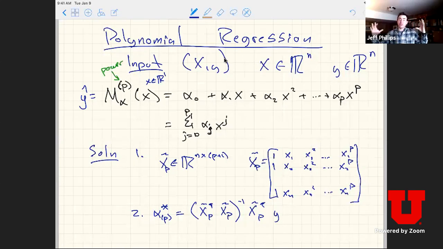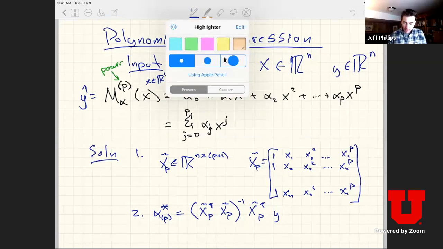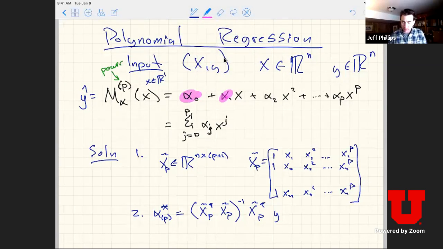I just have to do this expansion first into this matrix, so I add more columns, and this allows me to then build this polynomial model, which is again just these coefficients here, but now they're coefficients of these polynomial powers of the input data. Okay, and after I expand this matrix, it's very similar to before.